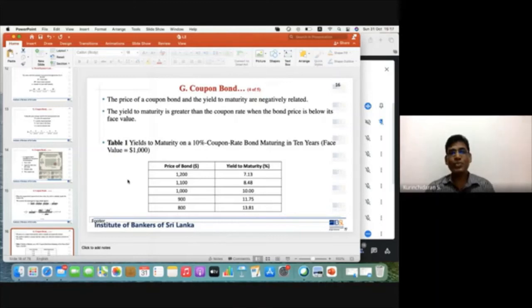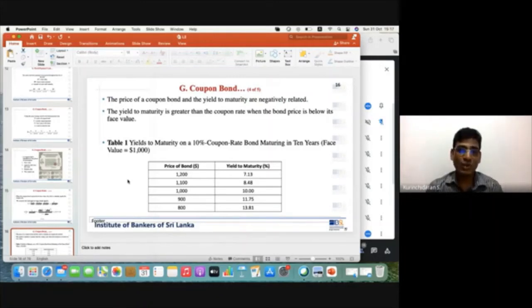So now you should be able to understand that whenever you decide to invest in treasury bills and bonds, you have to always keep in mind your yield to maturity, not the coupon rate. What is the yield to maturity? At what price you buy determines the yield to maturity you can maintain.